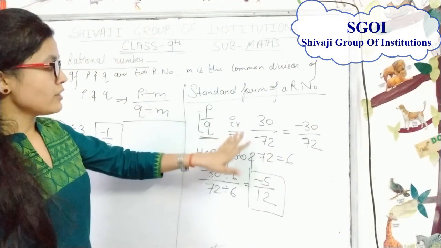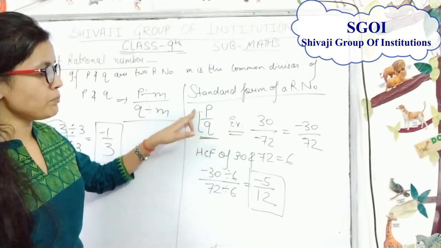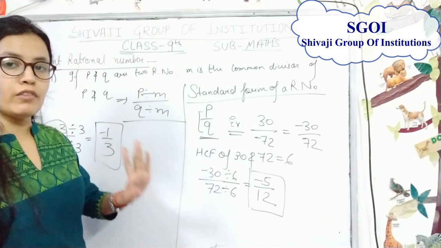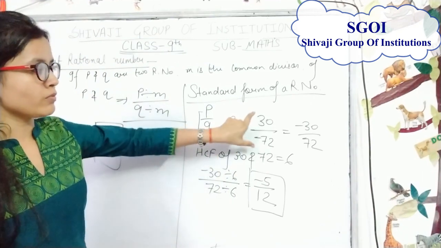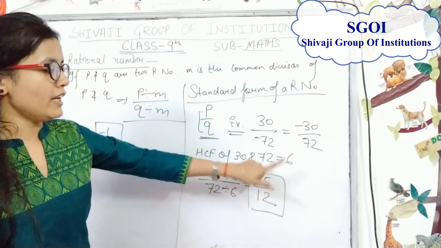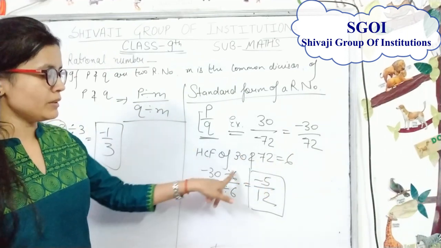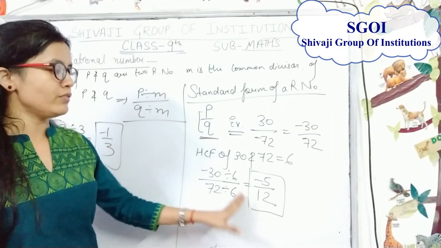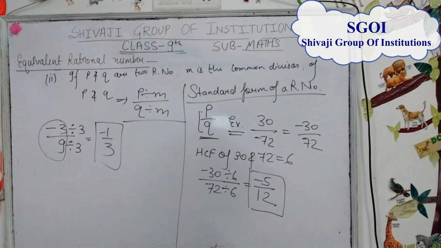So when p and q are given, firstly find the HCF and then divide the numerator and denominator by the HCF. And we get the standard form.